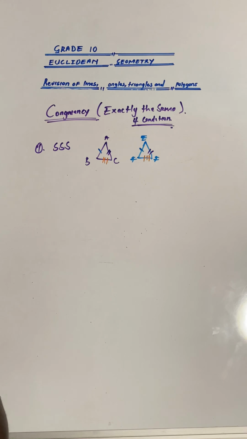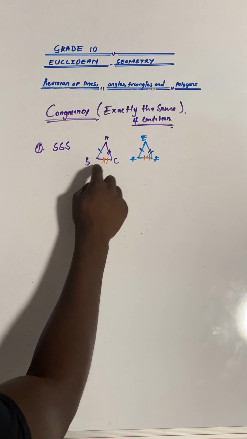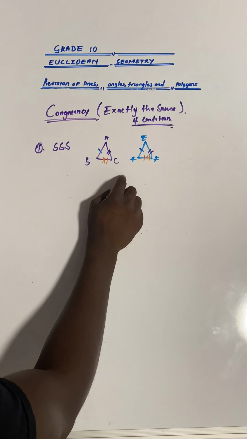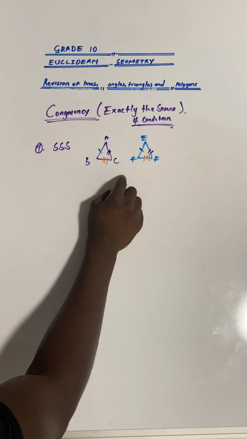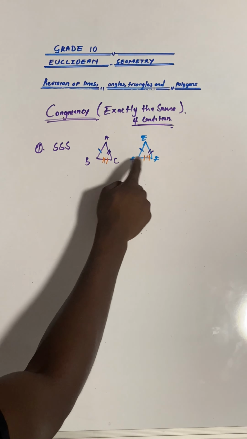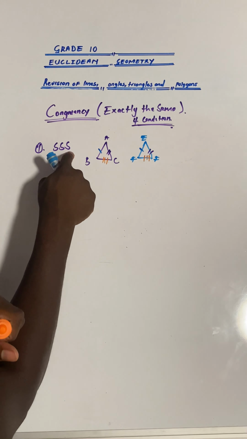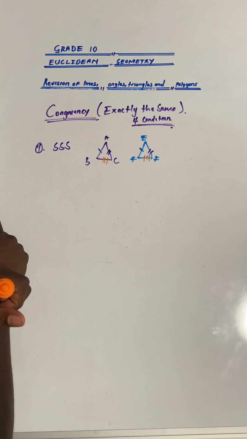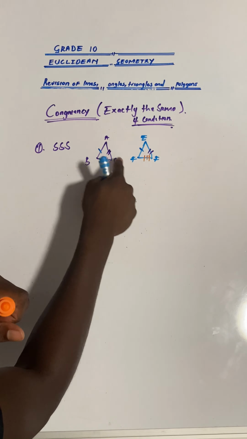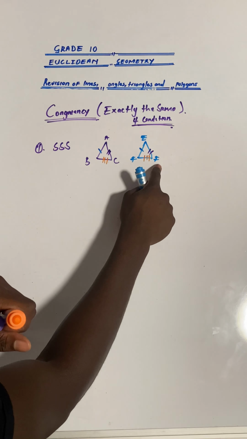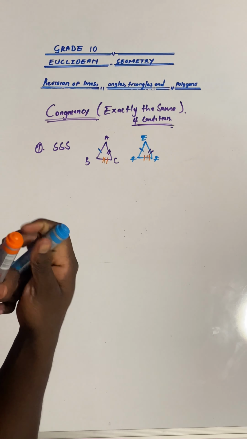So if we have 2 triangles and all the sides in each of the 2 triangles are equal, that allows us to say that these triangles are congruent. Why? Because of the reason side, side, side, or all the sides are equal in length. So for example, AB is equals to EF, AC is equals to EG, and BC is equals to FG, right?